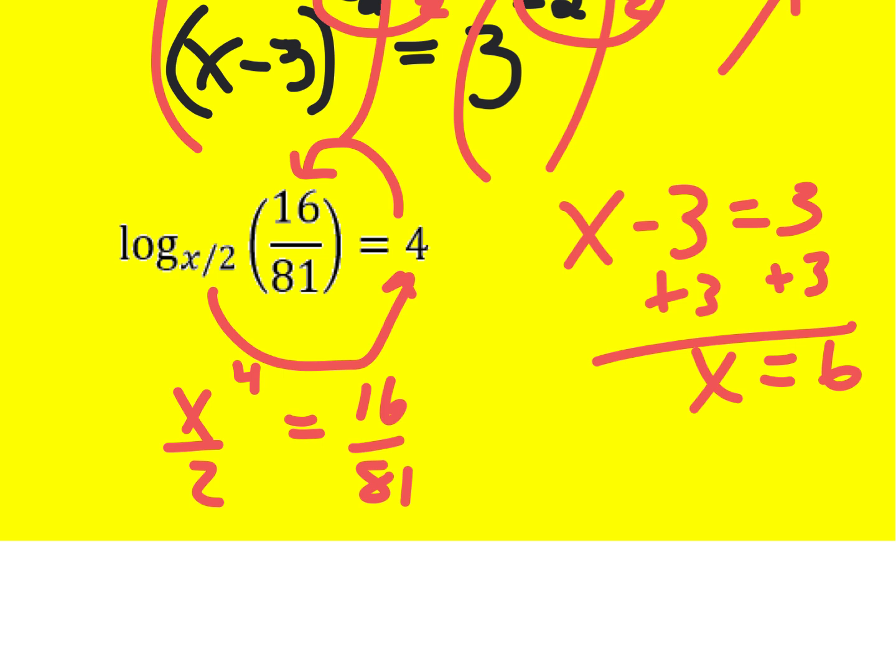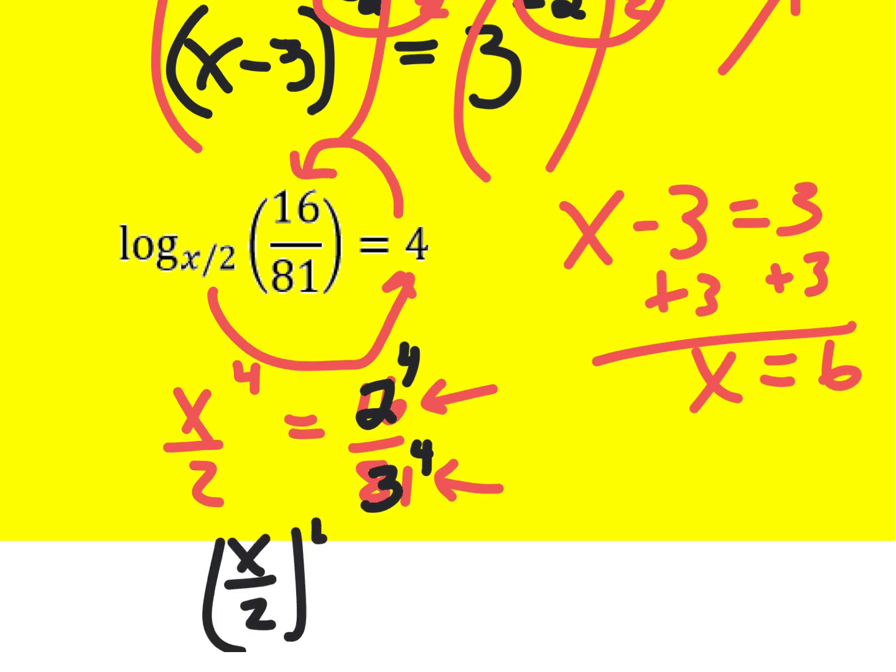I bet that there's going to be some way to simplify this, because that's 3 to the 4th, and that's 2 to the 4th. Because see, 16 is 2 to the 4th, and 81 is 3 to the 4th, and that's like 2/3 to the 4th. Now I have x over 2 to the 4th equals 2/3 to the 4th.